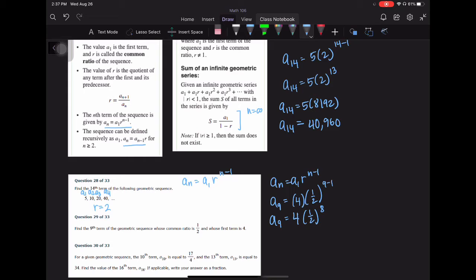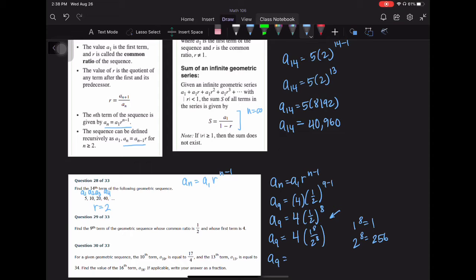Well, that's essentially like 1 to the 8th over 2 to the 8th. If you do this in a calculator, you're going to get a decimal. If you really want to know what it is without getting a decimal, you can say the 9th term of a is equal to 4 times 1 to the 8th over 2 to the 8th. 1 to the 8th is 1. 2 to the 8th is 256.